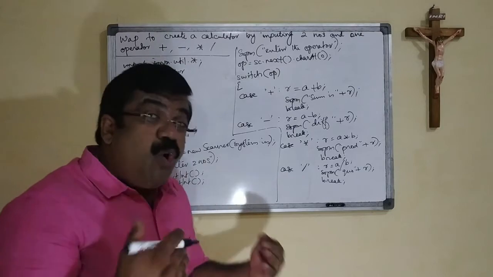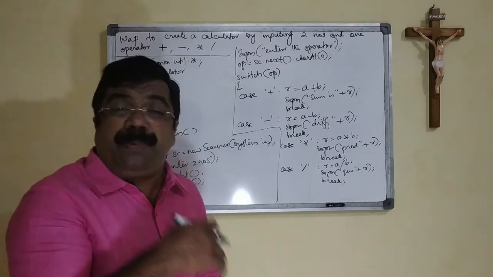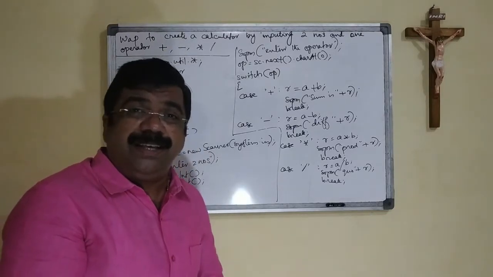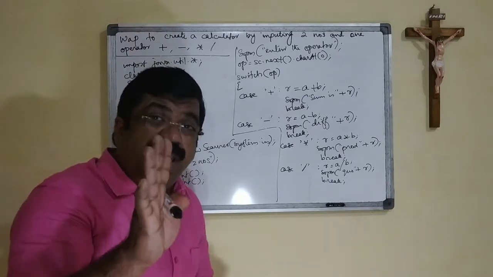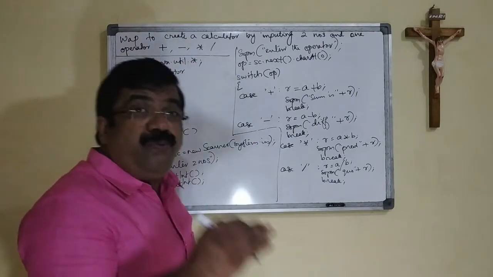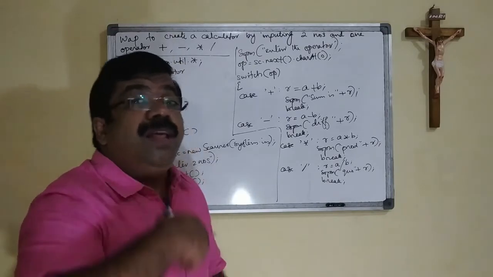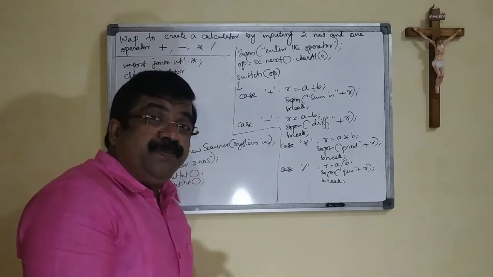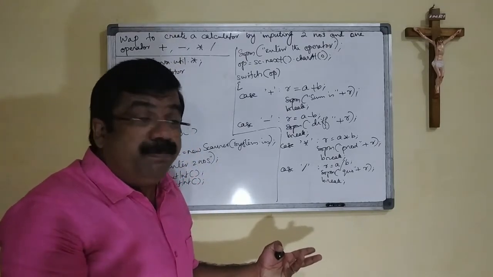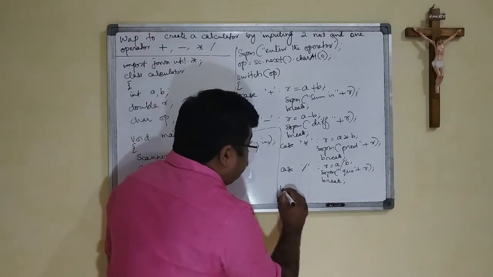Now, when no match is found, user can press any symbol, any operator. We are given with only 4 operators. When something else is found, then we have to ignore them. So we will give default.